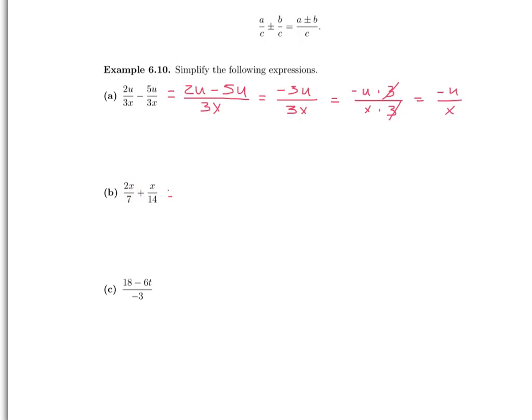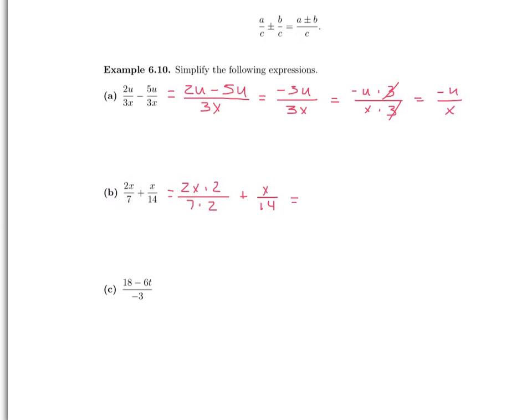So I'm going to rewrite this as 2x times 2 over 7 times 2 plus x over 14. Notice now that this fraction is the same as this fraction because I could always cancel out those 2's, and if I cancel the 2's, I'm back to the same fraction I started with.